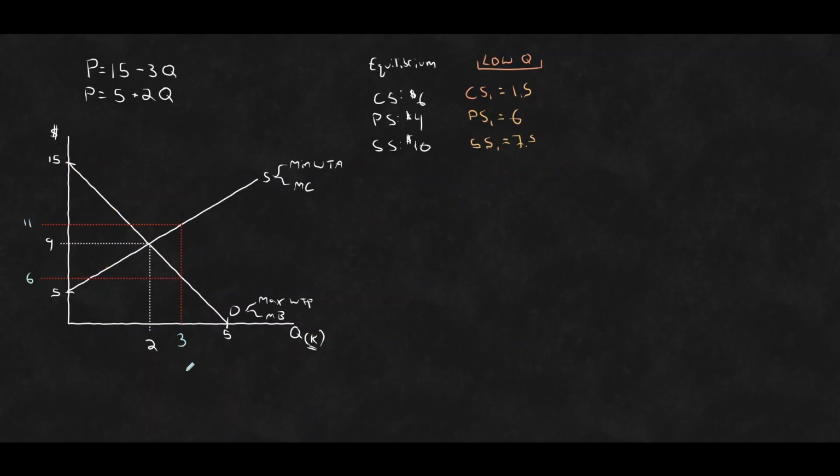Okay, in this scenario, we're taking a look at a high Q, at a Q of 3, or 3,000. Based off this Q of 3, we have our willingness to pay, we'd be willing to pay $6, and we have a willingness to accept of $11.